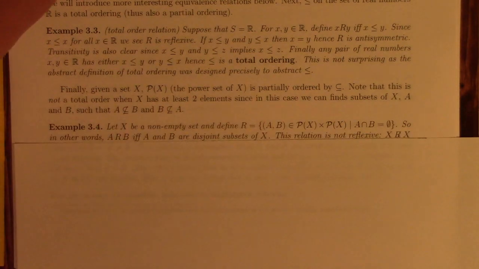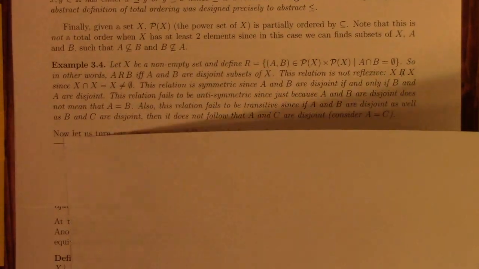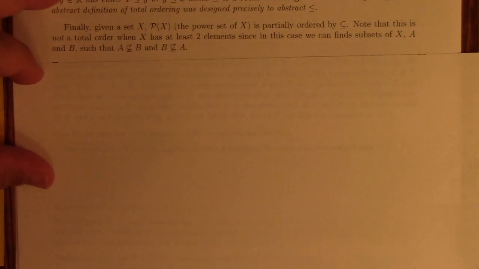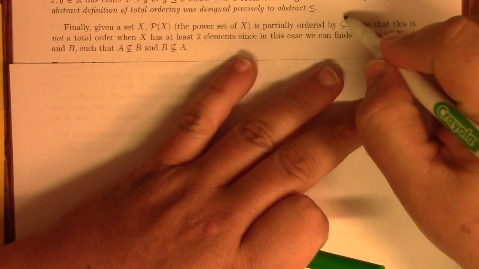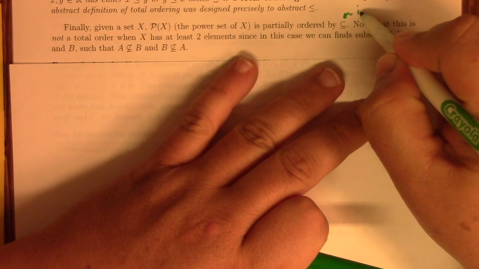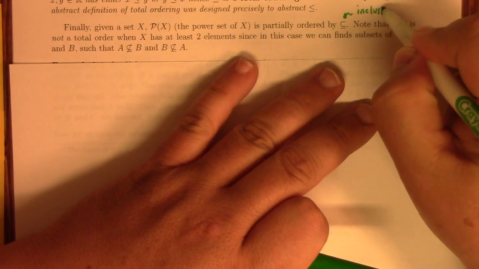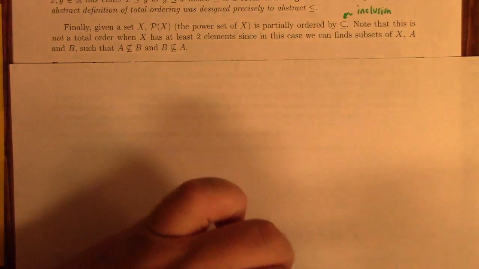And now this is kind of a weirder example. At least it's foreign to my intuition personally. If we look at X, then the power set of X is partially ordered by subsets. This is usually read, it's partially ordered by inclusion. Now the reason it's not a total order is because you can find subsets which are neither A is a subset of B nor B is a subset of A, right?